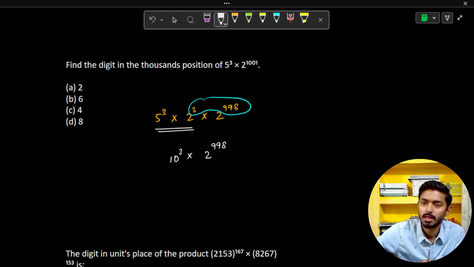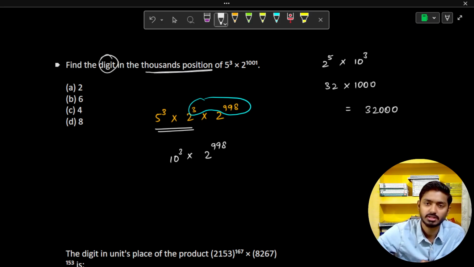Now, what if I ask, what would be the value of, let's say, 2 to the power 5 times 10 to the power 3? You'll say 32 times 1000, that is 32,000. And you were supposed to find the thousandth position digit.